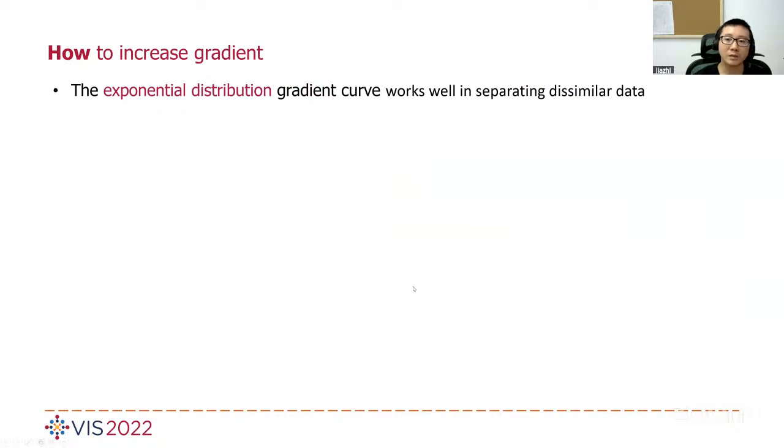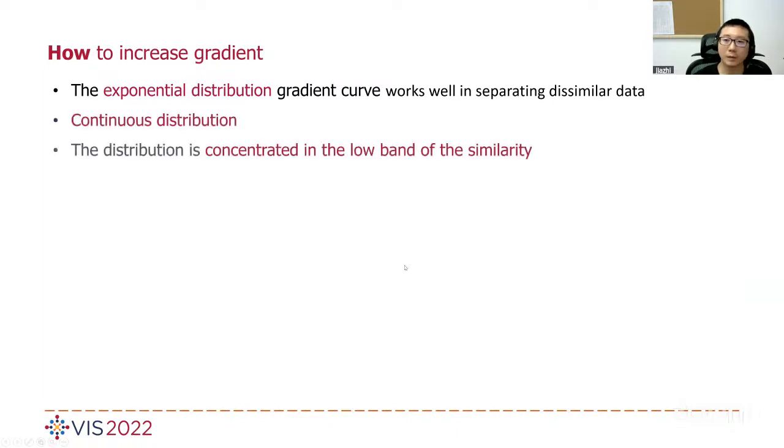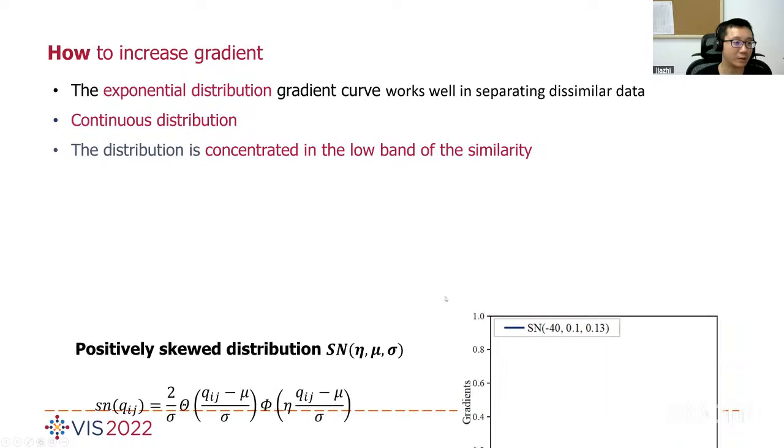The NT-Xent shows that an exponential gradient curve works well in separating dissimilar data. We would like to add a similar but smaller continuous distribution to the gradient in the low band of the similarity to separate clusters.